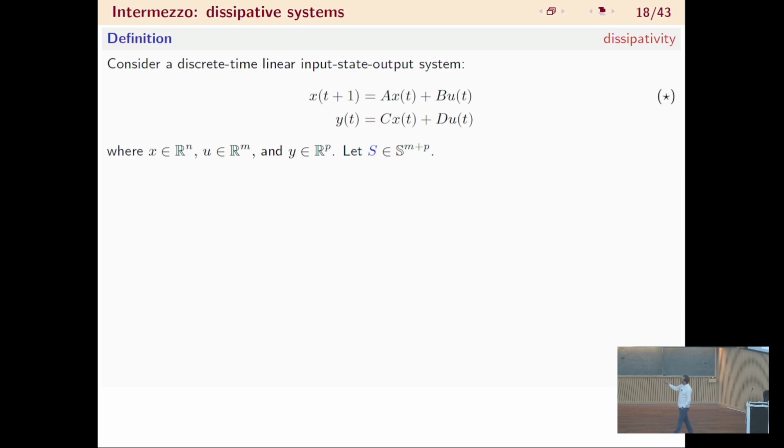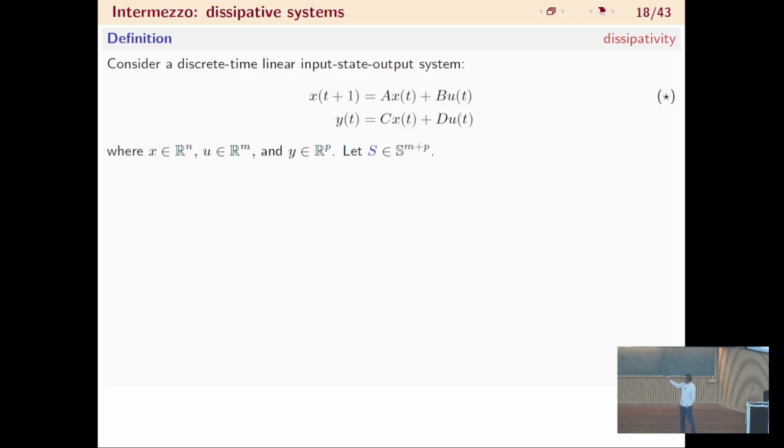And also, I have this symmetric matrix, m plus p times m plus p. M and p are number of inputs and number of outputs. Okay?